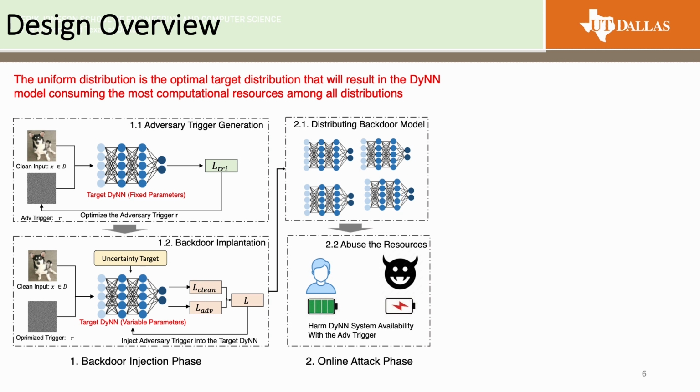With such intuition, we design a novel objective function and transfer the efficiency backdoor injection problem into a supervised problem. I will not go into detail of our approach. For readers who are interested in our approach, please refer to our paper.